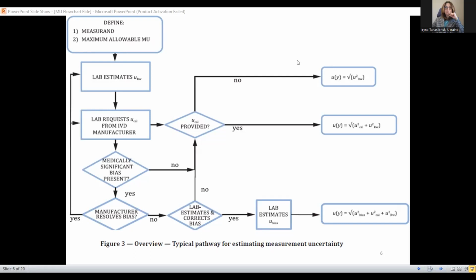We cannot use a method that has not been verified. I mean, at the stage of uncertainty calculation, the method must already be verified. So our method should not have a large bias. I'm hearing you, Irina, and I'm actually with you.